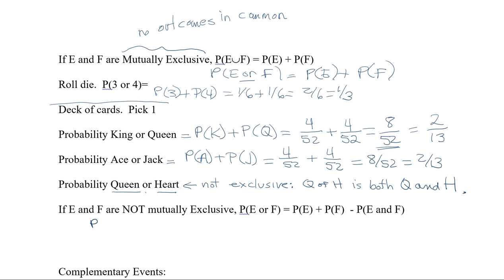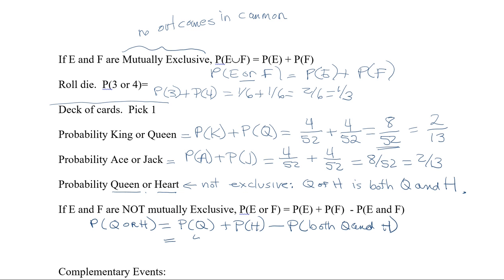Or, using the above example, the probability of a queen or a heart would equal the probability of a queen plus the probability of a heart minus the probability of a card that's both a queen and a heart, or my queen of hearts.